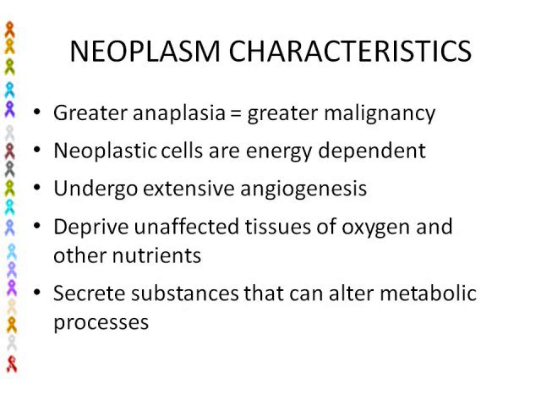But because the tumor is demanding all this oxygen and nutrients, the surrounding tissues are deprived of oxygen and other nutrients, and we end up with ischemia and necrosis of surrounding tissues. Neoplasms also secrete substances that can alter the metabolic processes throughout the body.